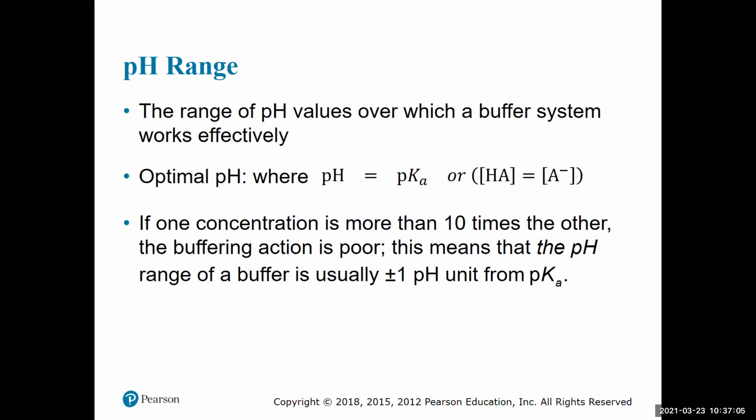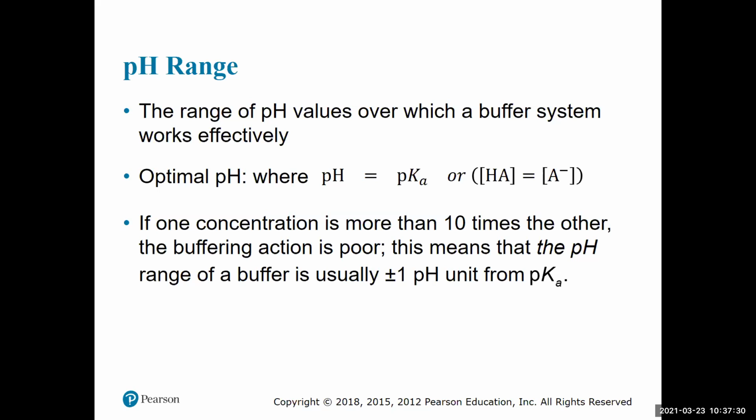When you set up a buffer, you tend to have that conjugate acid base pair have concentrations that are pretty much the same or close to it. If that concentration ratio gets out of whack by, say, 10x or more, then the buffer isn't as effective and doesn't work that well.